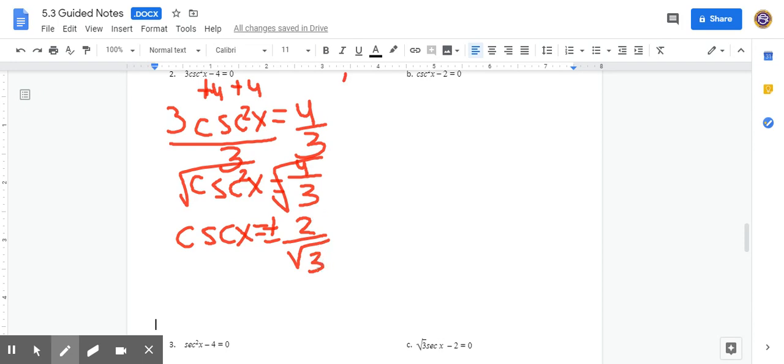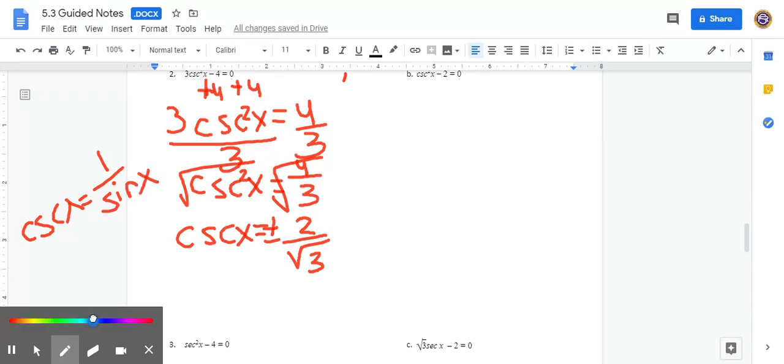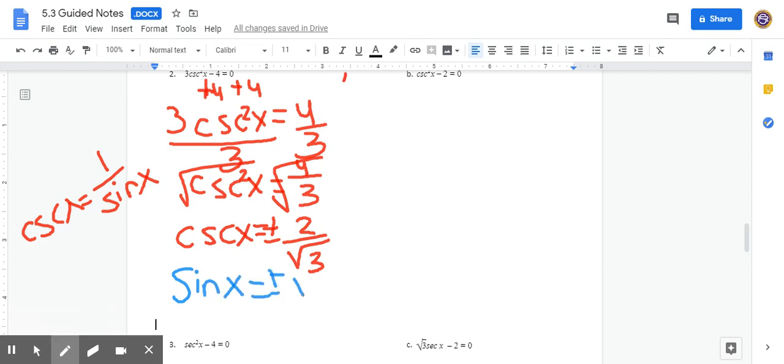So now this is where we want to flip our fraction. So cosecant of x is equal to 1 over sine x. So what we can do is we can write this equation, the sine of x is equal to positive and negative, and we flip.